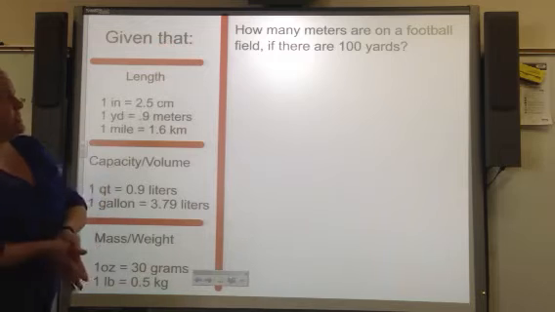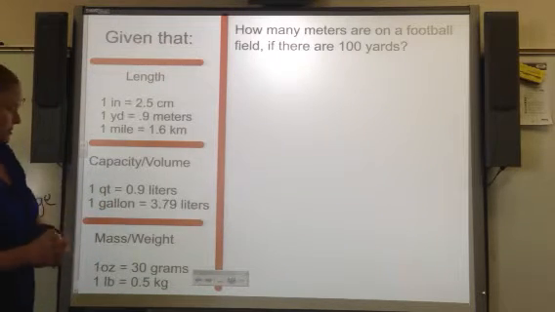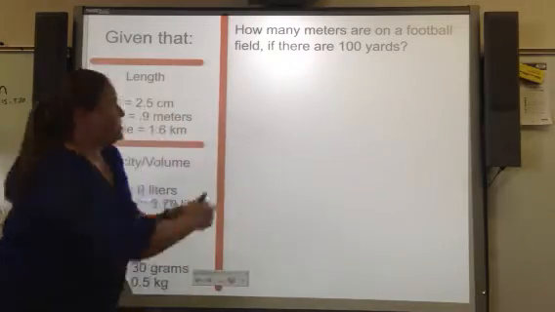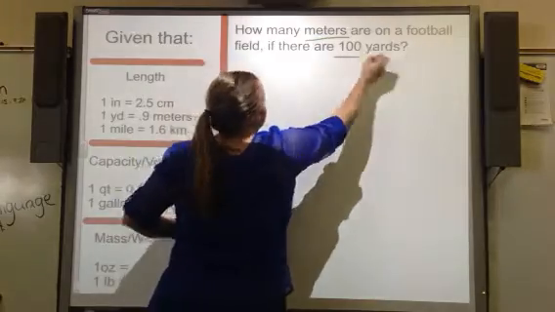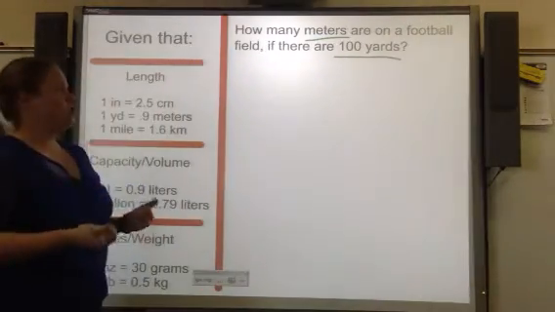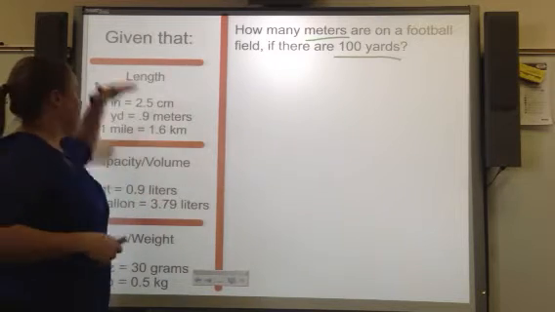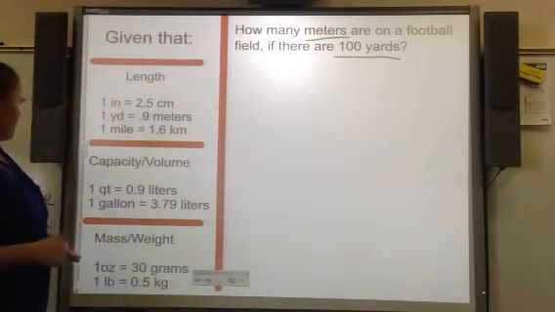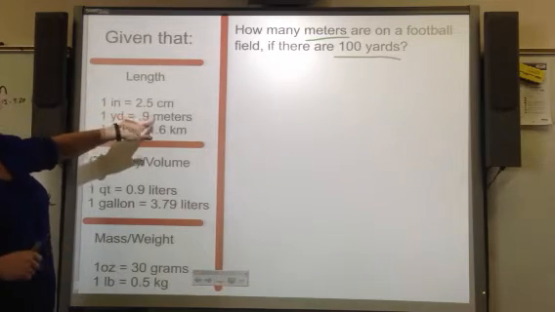Our question states, how many meters are on a football field if there are 100 yards? First of all, realize that we're dealing with meters and yards. So that's your first clue that we have to figure out what relationship meters have to yards. Using your information over here, I know that with length, 1 yard is equal to 0.9 meters.